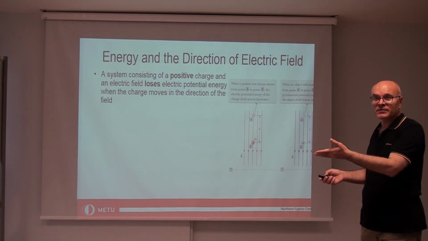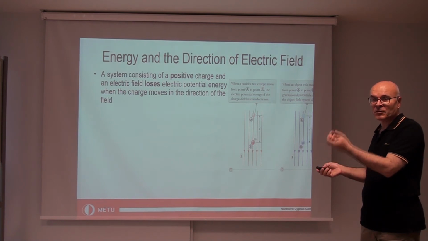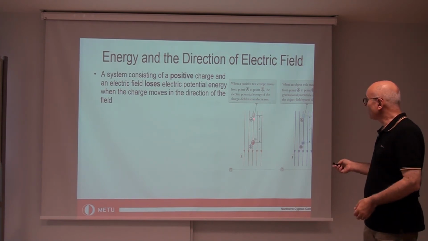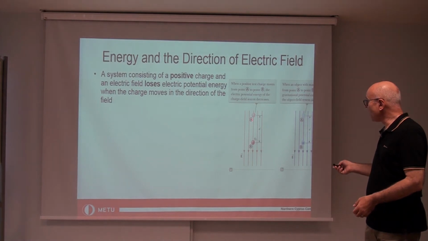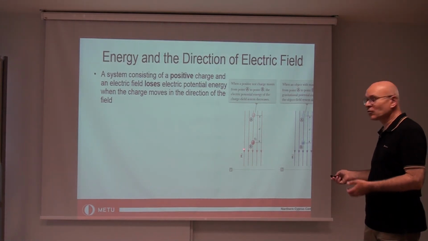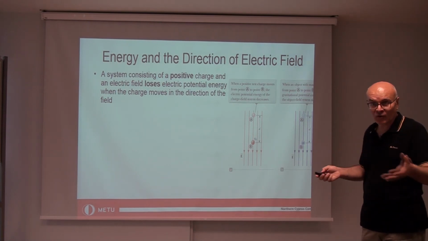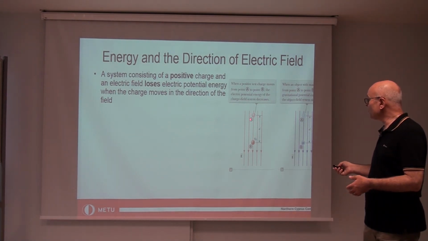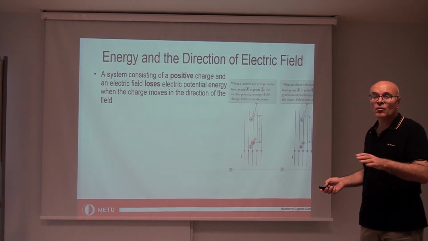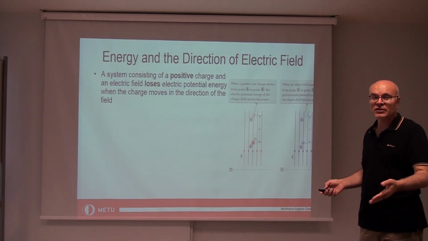Multiply by Q, it's still negative because Q is positive. Okay? So when a positive charge moves down the field lines, this is shown in a uniform electric field here, but this is true for any field. When a positive charge moves down the field lines, it always loses potential energy.